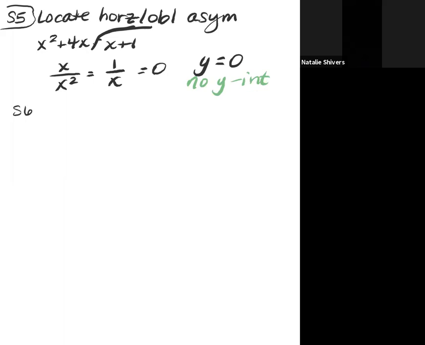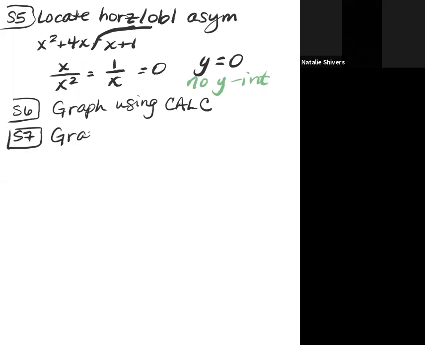Step 6 says to graph using calculator. That's pretty easy. Just type it in from your original graph. And then step 7, you're going to graph by hand. We're going to use the pieces of information that we know. We know that we have an intercept at -1, 0.